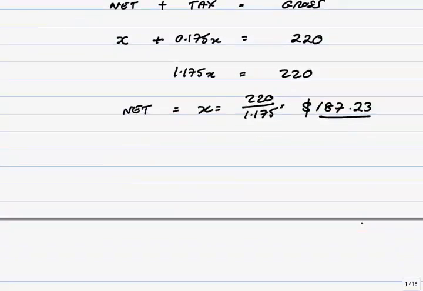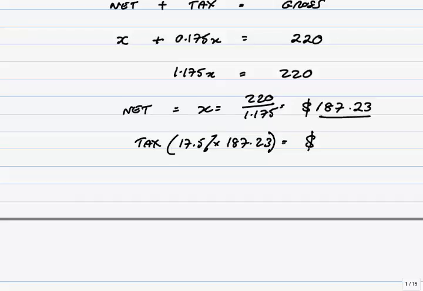The question also wanted the tax, in fact, two ways. It's either the difference between $220 the gross and $187 the net, or, of course, it's 17.5% of the net price of $187.23.